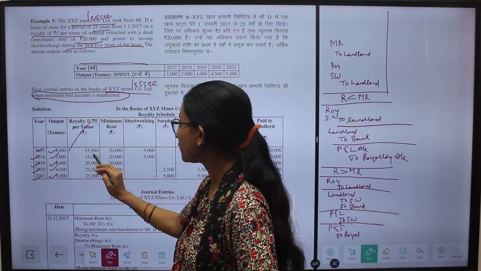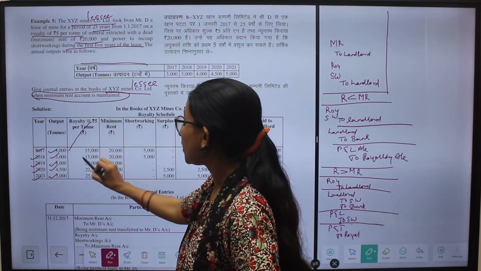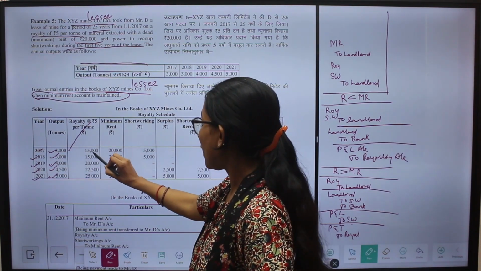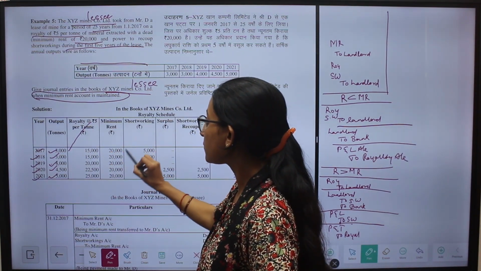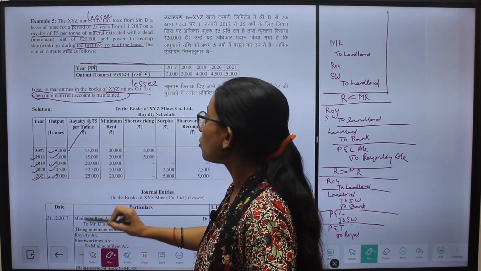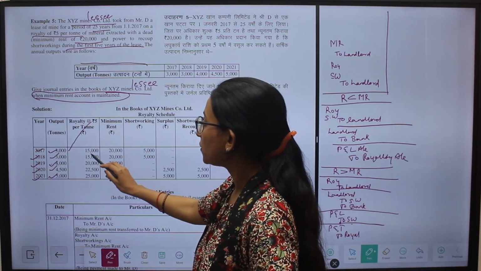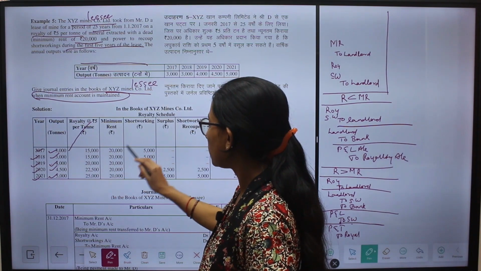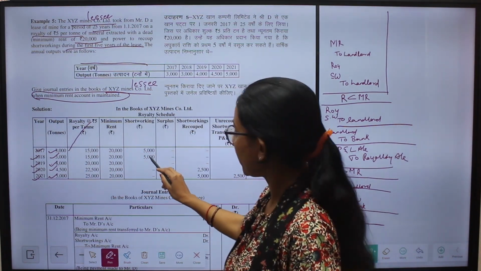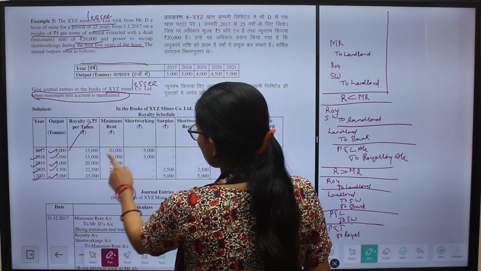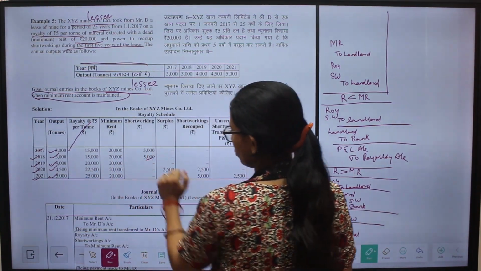Rupees 15,000 the lessee is liable to pay to the landlord, and the decided minimum rent is 20,000. So royalty is less than minimum rent. Whenever the royalty is less than minimum rent, there is a short working of rupees 5,000. The 5,000 rupees difference is the short working amount.